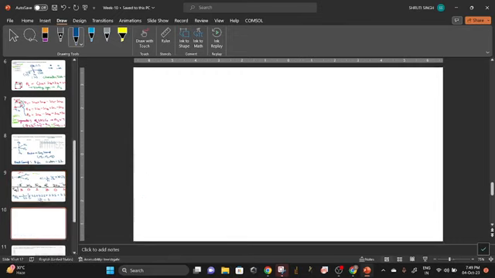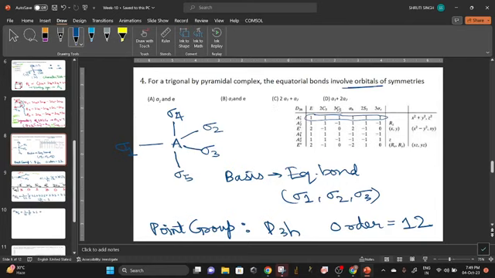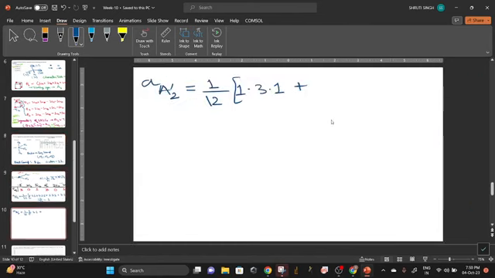Next we have the contribution of A2 dash. So 1 by 12, 1 into 3 into 1. For A2 dash, where is the change? For C2 there is negative, and for sigma v there is negative. All others are 1. So let's write. C3 I am not writing.